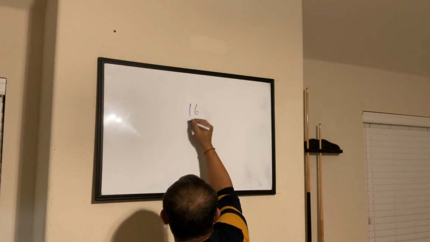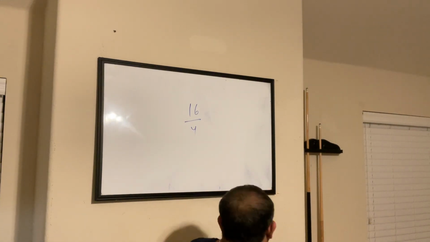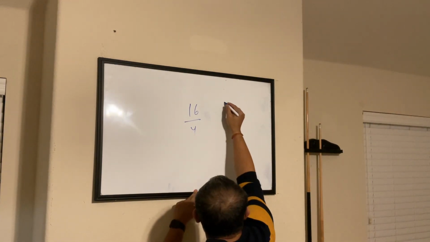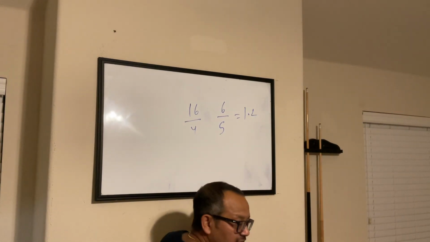Alright. Now, if I say divide 16 by 4, easy peasy, fun time, no worries. If I say divide 6 by 5, that is also not so difficult. You can find it out.